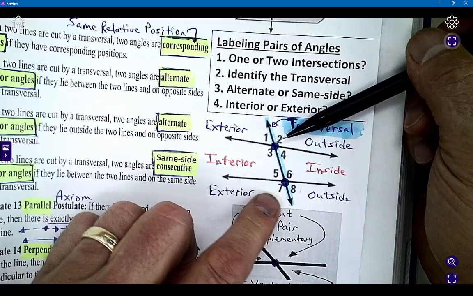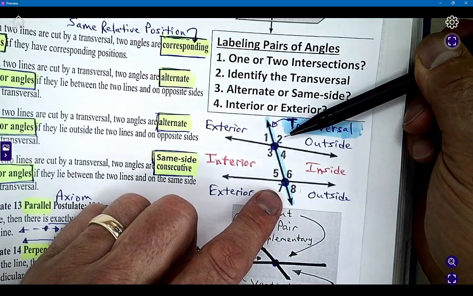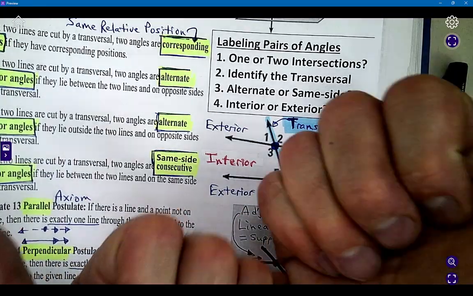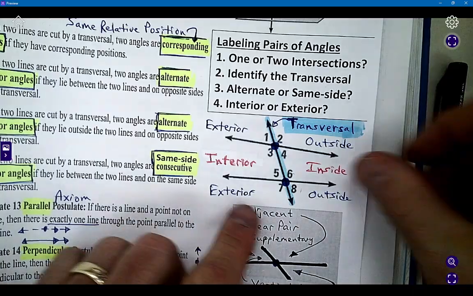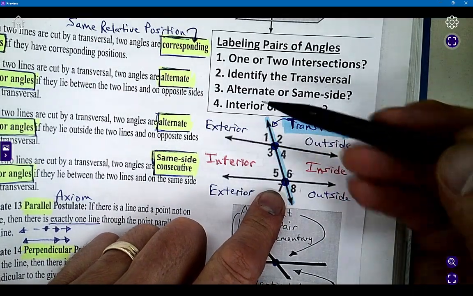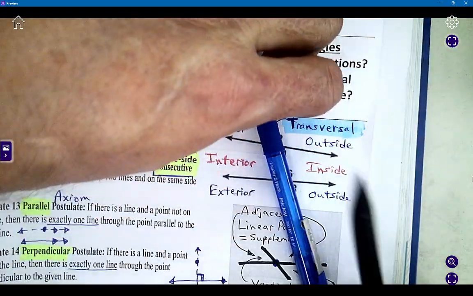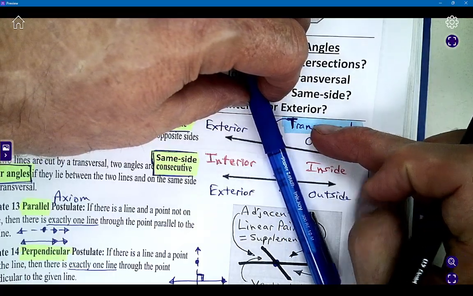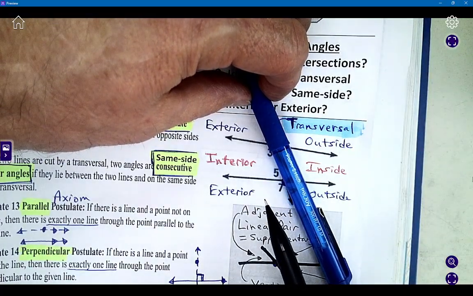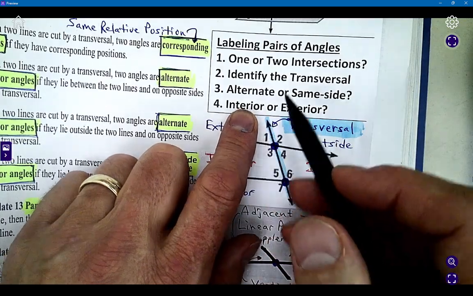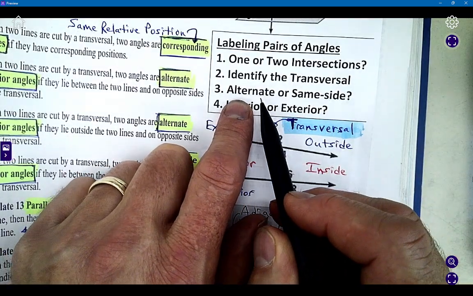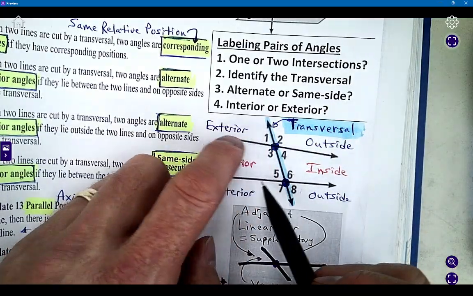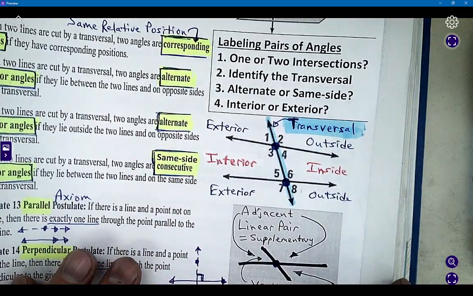Whereas if we were looking at the relationship between angles 2 and 7, those are on alternate sides. Alternate meaning they're different. Here's your transversal, of course, the blue. Notice that angle 2 is on the right side, and angle 7 is on the left side. So alternate means different sides of the transversal, and of course same side means they're both on the left or both on the right.